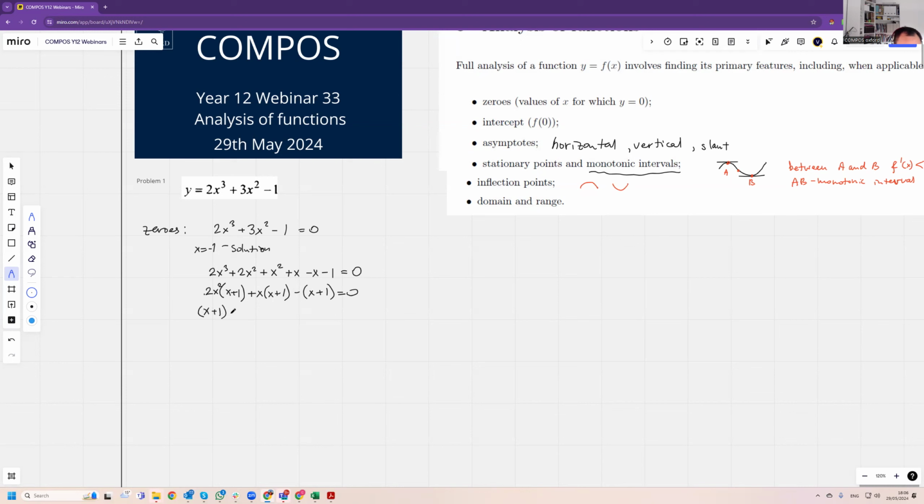So x plus 1 times 2x squared plus x minus 1 equals 0. Here I can find the factors. x equals -1 is a solution again. So it's going to be x plus 1 squared multiplied by 2x minus 1, I believe.